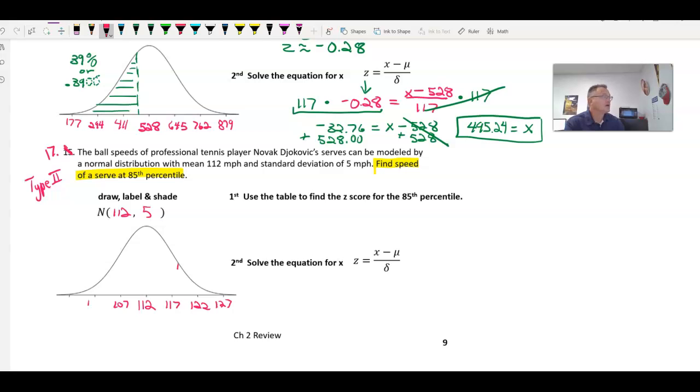Minus 5, minus 5, minus 5. Okay, 85th percentile. So to give you an idea of where this is, the 50th percentile.